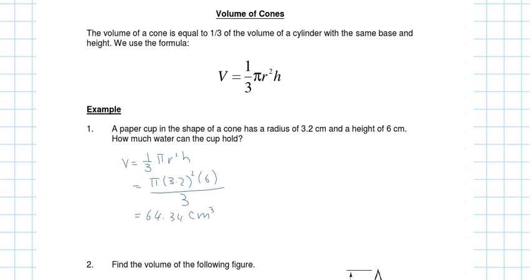Okay? So because they're asking you how much water, you can say 64.34 milliliters. So it can fit about 64 milliliters. Because remember that 1 centimeter cube is equal to 1 milliliter.